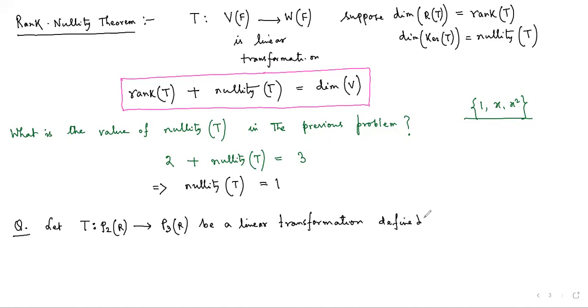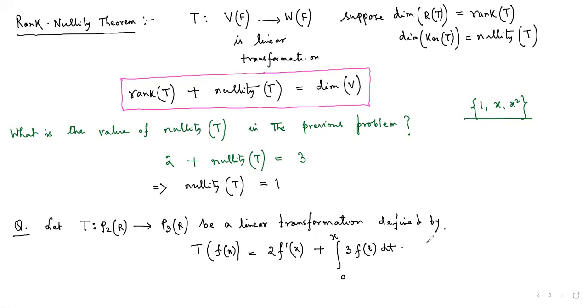P2R is the set of all polynomials of degree less than or equal to 2, and P3R contains all polynomials of degree less than or equal to 3. The transformation is defined as follows: T of f(x) is equal to 2 f dash x plus the integral from 0 to x of 3 f(t) dt.